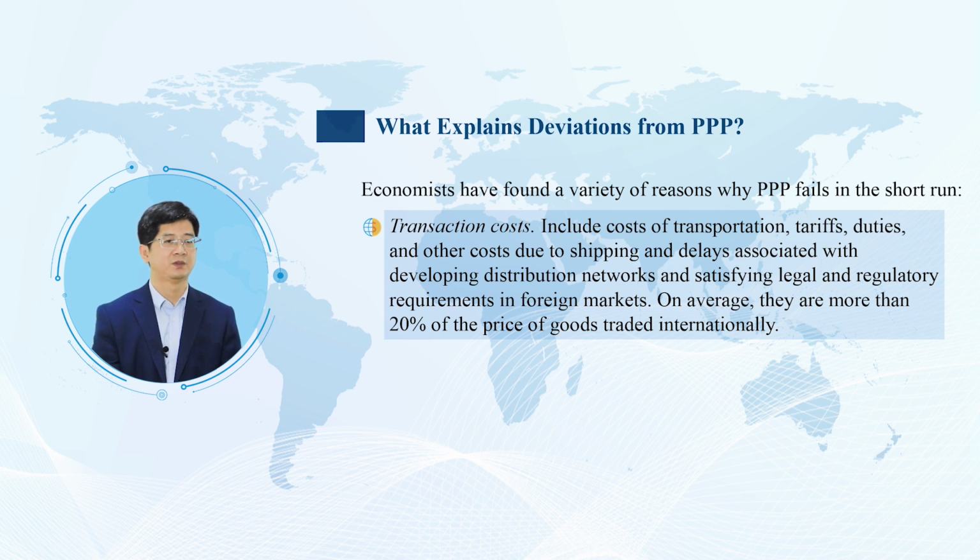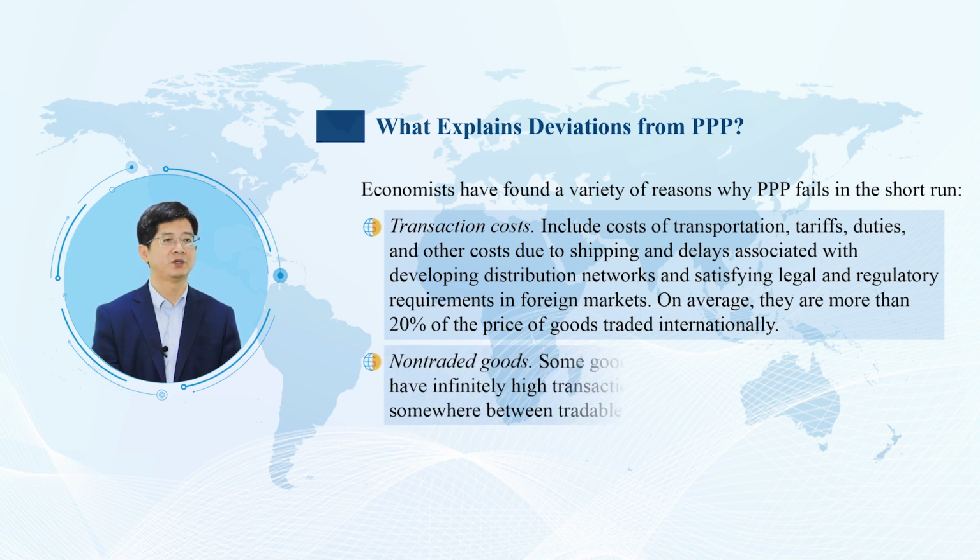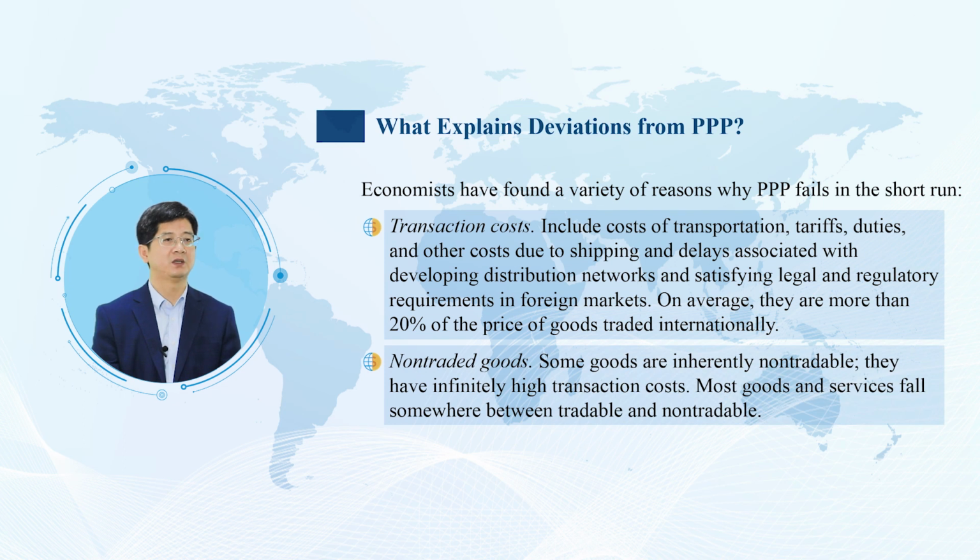On average, these are more than 20% of the price of goods traded internationally. Non-traded goods. Some goods are inherently non-tradable. They have infinitely high transaction costs. Most goods and services fall somewhere between tradable and non-tradable.